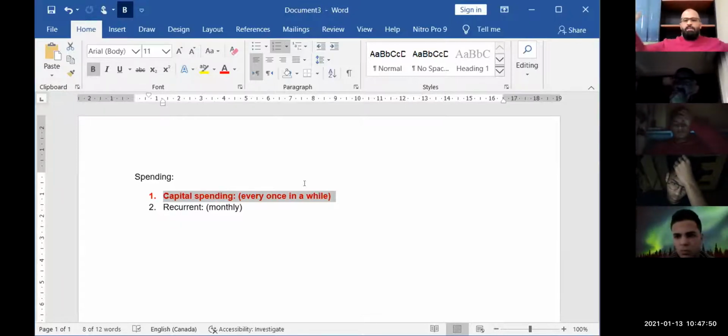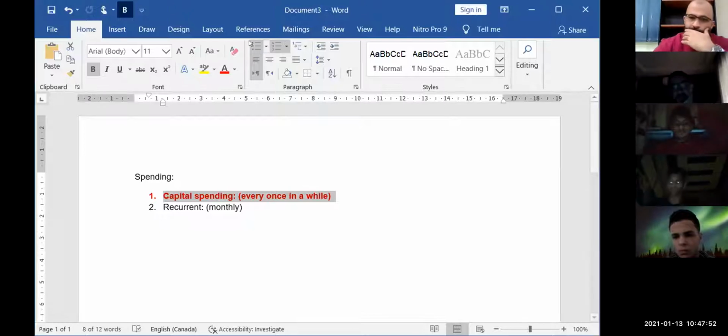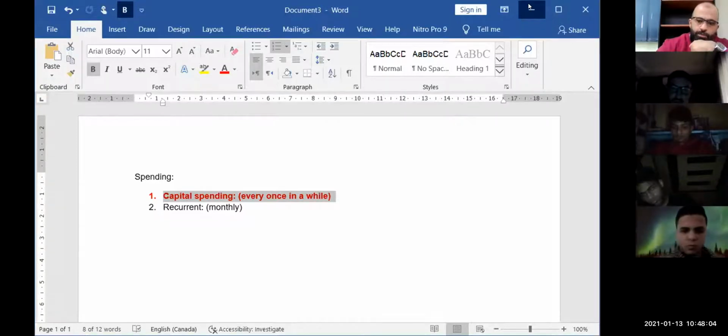We want millions and billions of dollars sometimes. In this case, we have to look for long-term financing. Number one, debentures. Number two, long-term bank loans. Number three, shares.